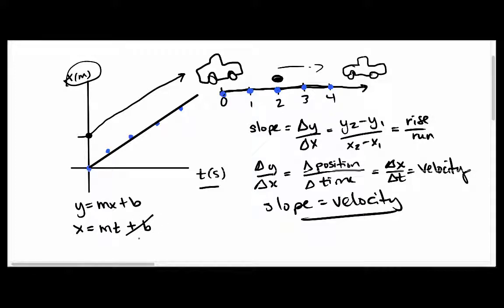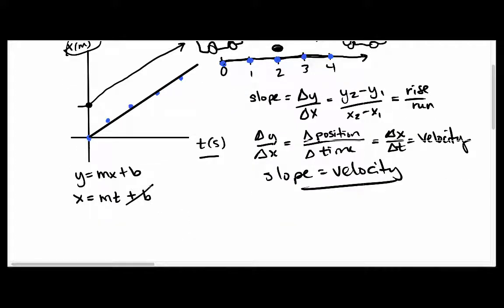So this, you can write the equation for the line, and you can glean information from that equation. If you happen to have the line equation, you can figure out stuff from that.